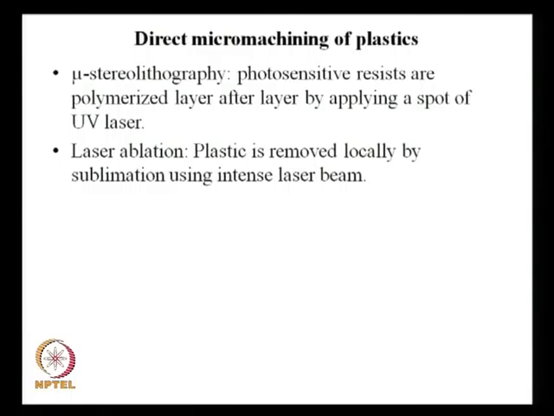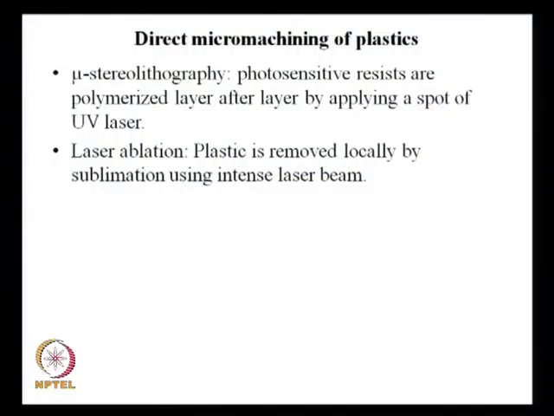You have a photosensitive resist, then you build the structure from bottom to top. That means you have to create a channel. Channel means a portion that does not have any solid, and around that portion you have a buildup of solid. That is how you can create a channel.